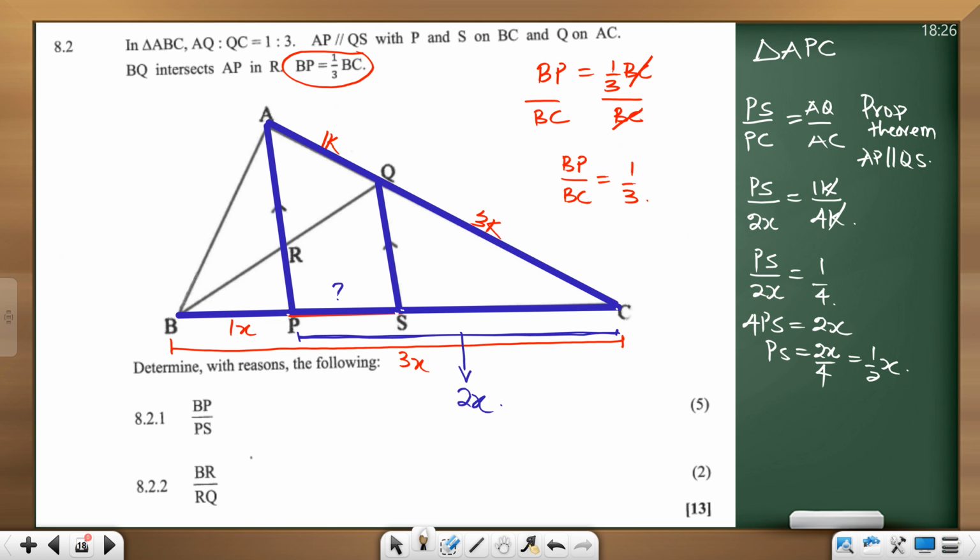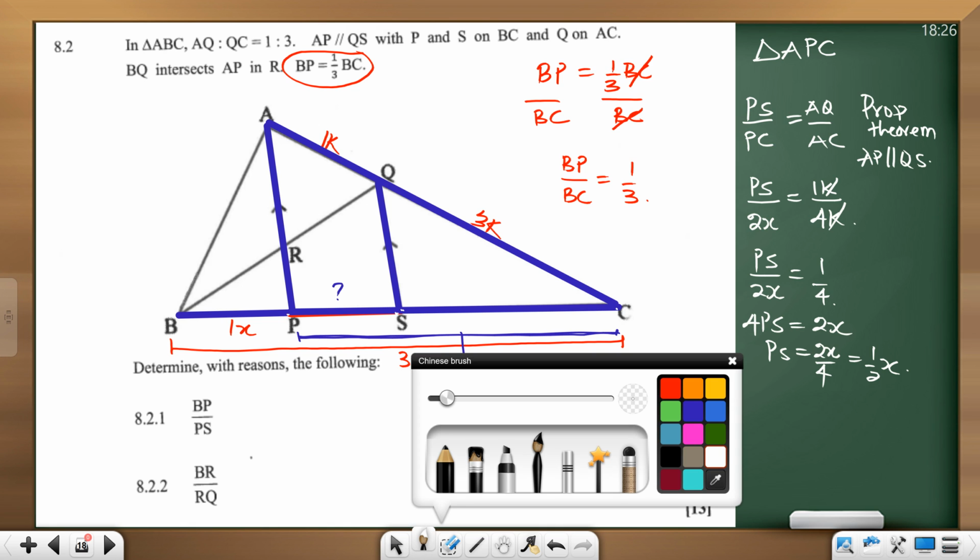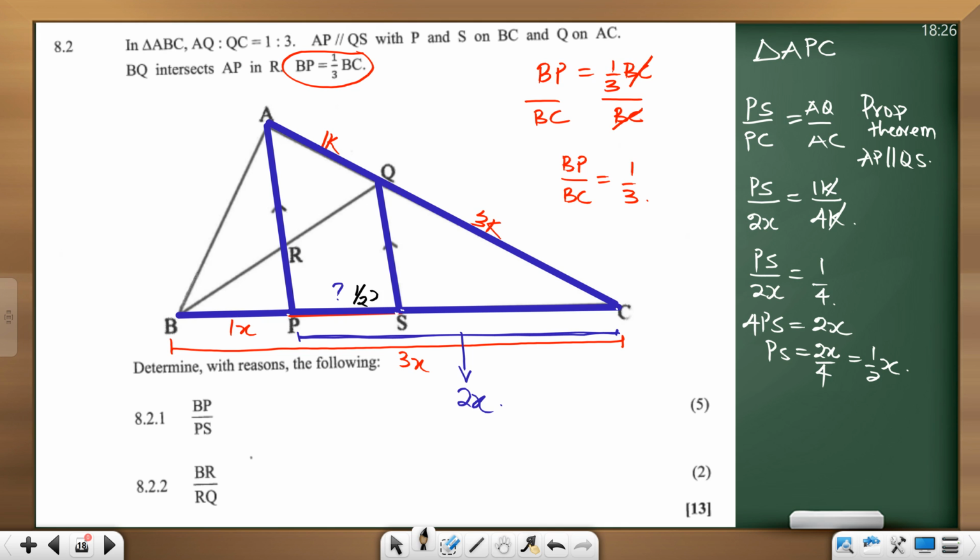So already I got my PS. Yes, you have to put the x because it's a ratio, it's not the length. So what do we have here? 1 over 2 x. What are we looking for? BP over PS. Do you see I have the two ratios now? What is BP? 1x.